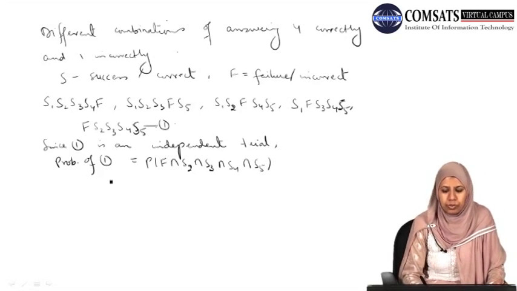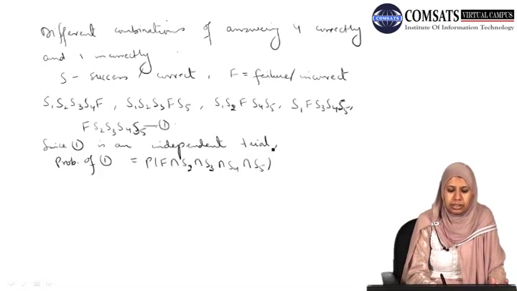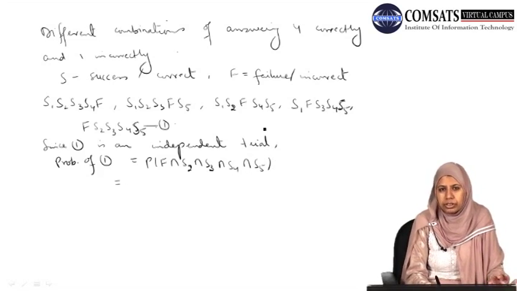And since the possible outcomes are mutually exclusive and we have independent trials, this will be the product of the probabilities of all the events.